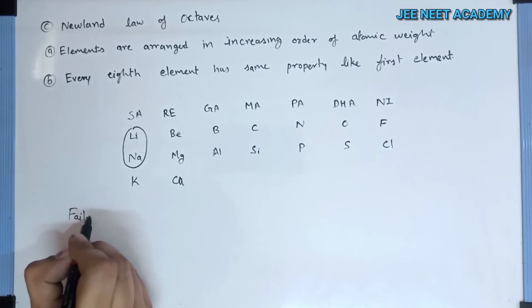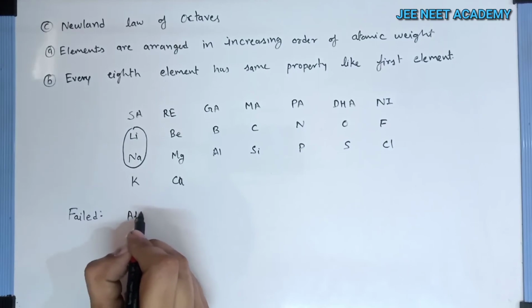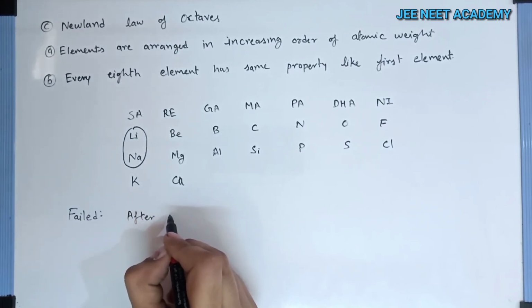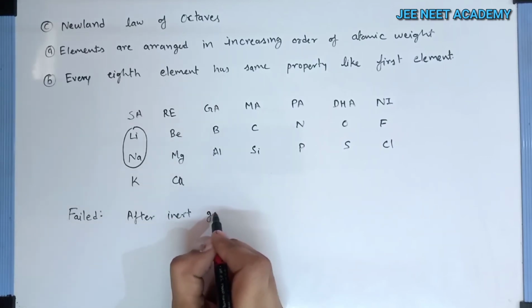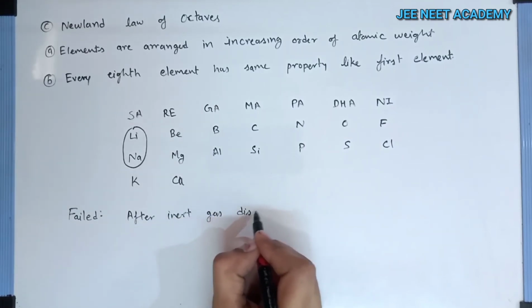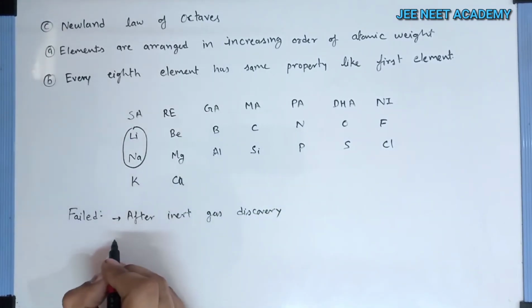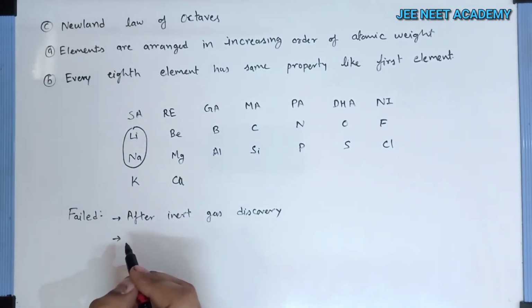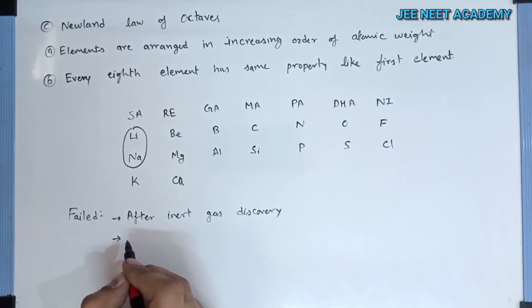Then the second point is valid only up to calcium, because after calcium transition elements will come, so it will not satisfy this. So it is valid only up to calcium.